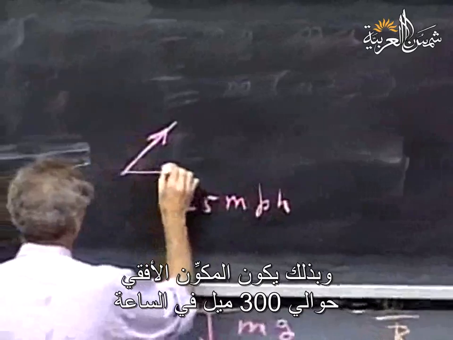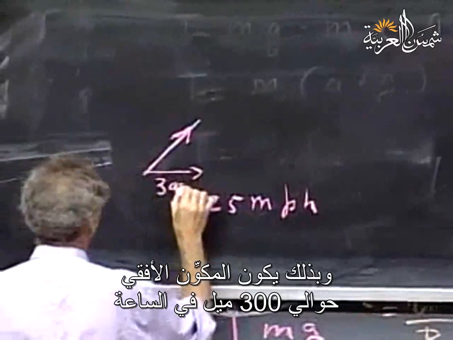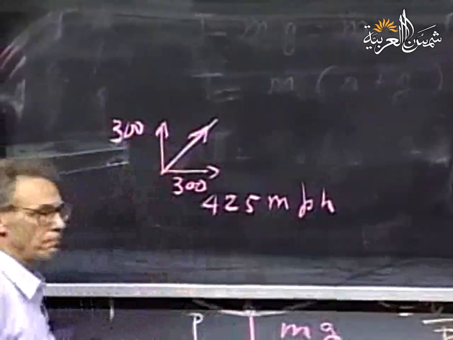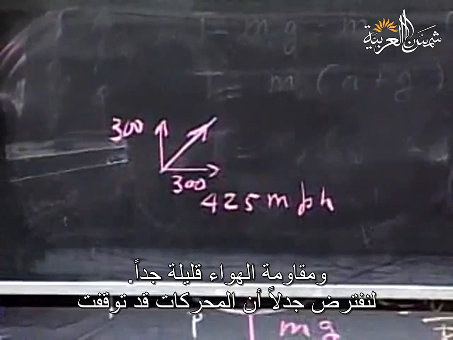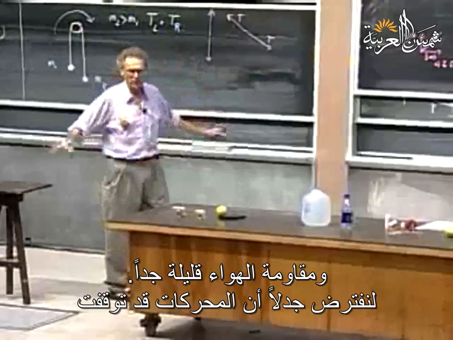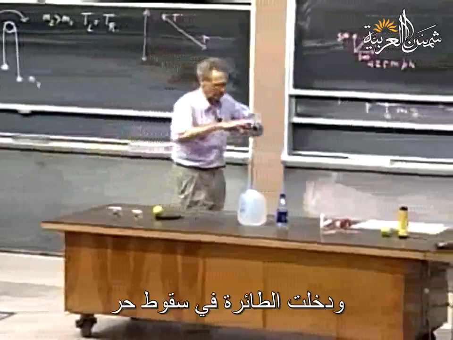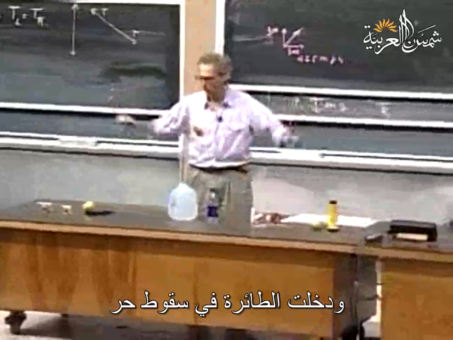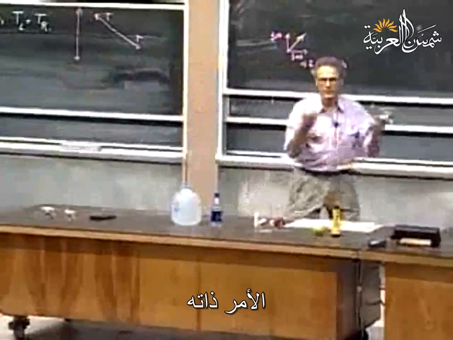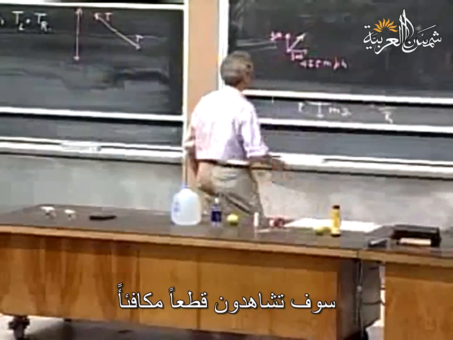So the horizontal component is about 300 miles per hour, and the vertical component is also 300.